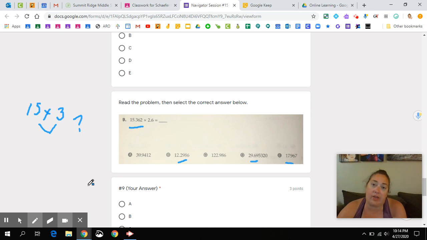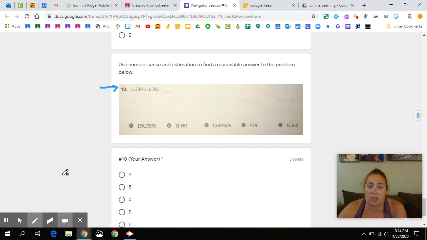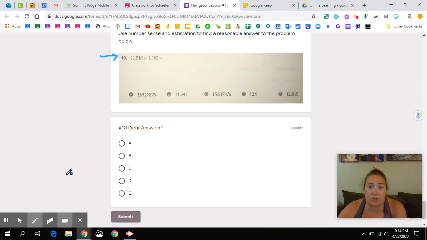So make sure that you try that first, especially when you get to number 10, because 10 has so many digits, right? We've got this 5-digit number that you're going to stick on top, and then a 4-digit number that you're multiplying it by on bottom. And even Mrs. Schaefer thinks that that's a really big multiplication problem, and I would get annoyed trying to do all of that. So you could use some number sense.